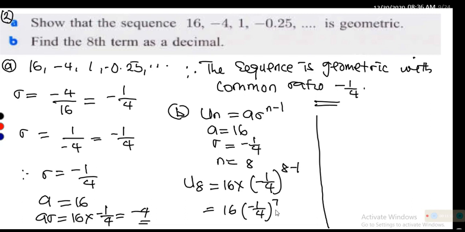Remember we are asked to give our answer as a decimal, so 1 over 4 can be written as 0.25, raised to power 7. And we can use a calculator here.